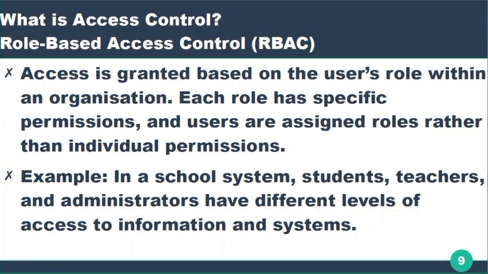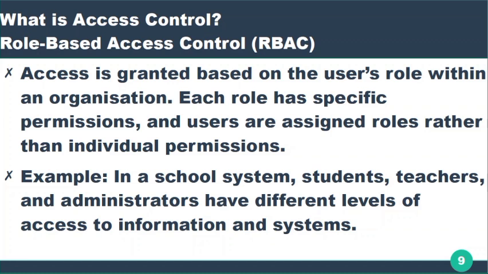In a school system, students, teachers, and administrators have different levels of access to information systems, so they are being grouped. Students for this grade, senior secondary school 1, will have access to this set of information.